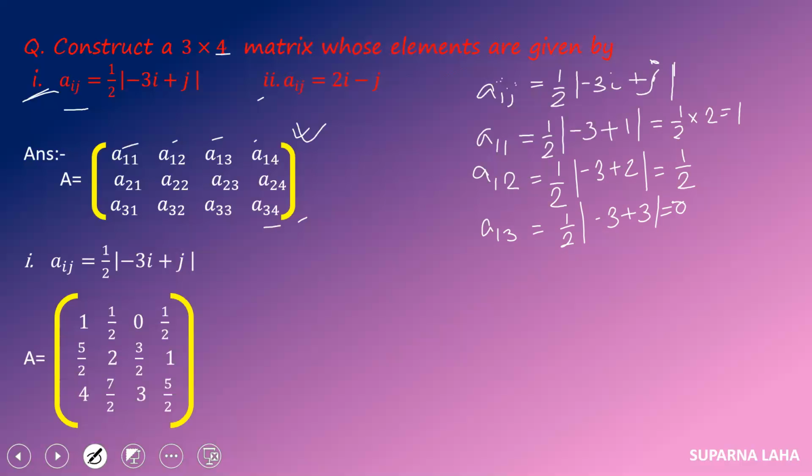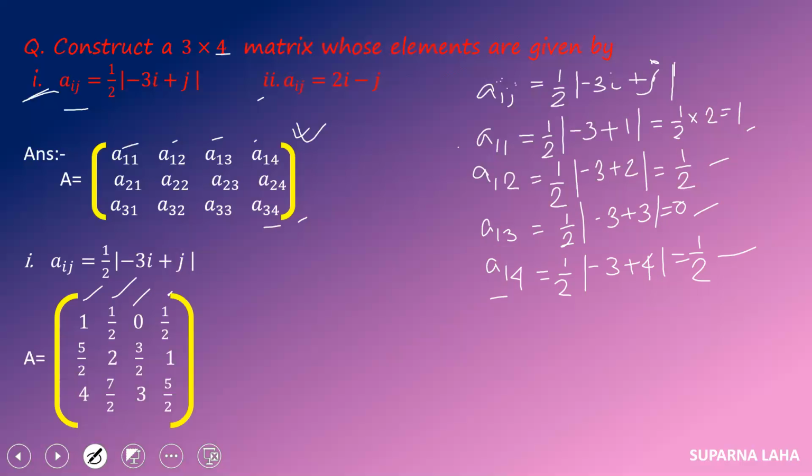And next is A14: half of mod of minus 3 plus 4, that means plus 1 into half, that is half. So A11 is 1, A12 is half, A13 is 0, and A14 is half.